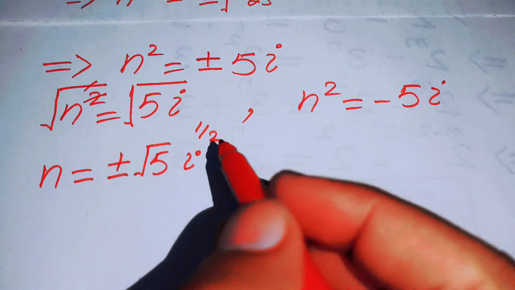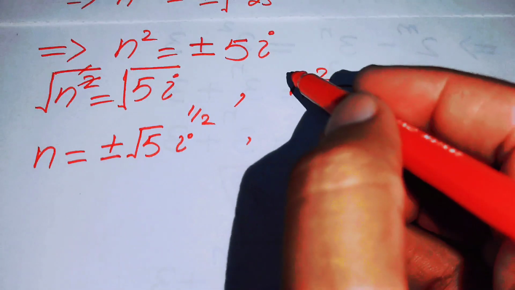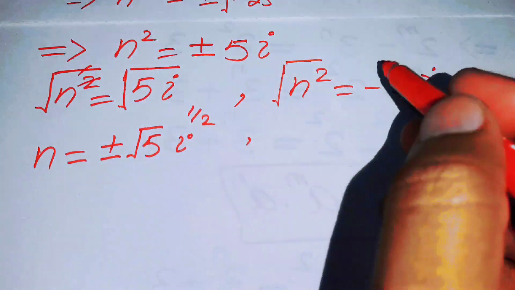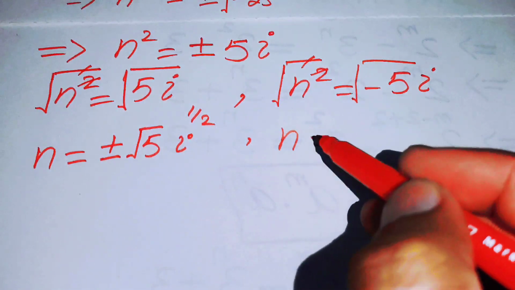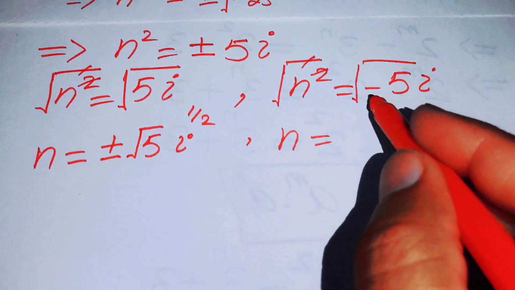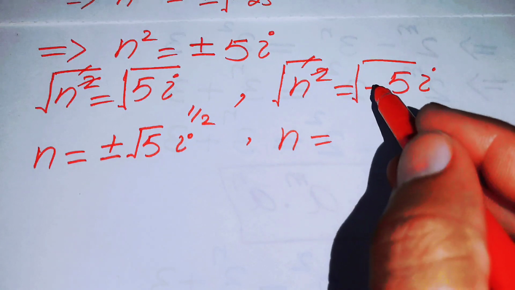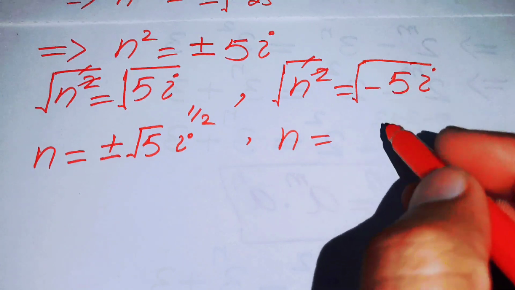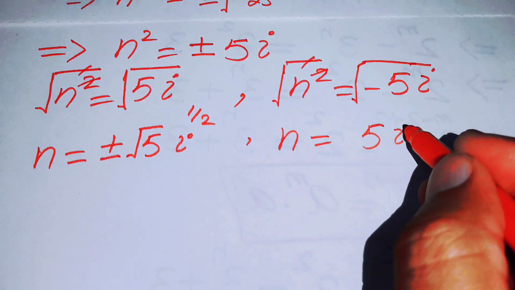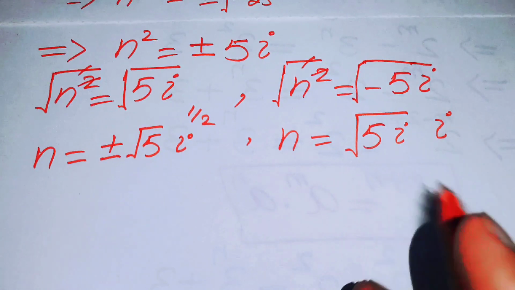And similarly we move toward the second part, and here we can again take the square root on both of the sides, and you will write here these two are gone, and you get n is equal to, here again you focus on this term, and you see that the negative sign again appears under the square root, so we can write it as 5 times iota square root into iota.